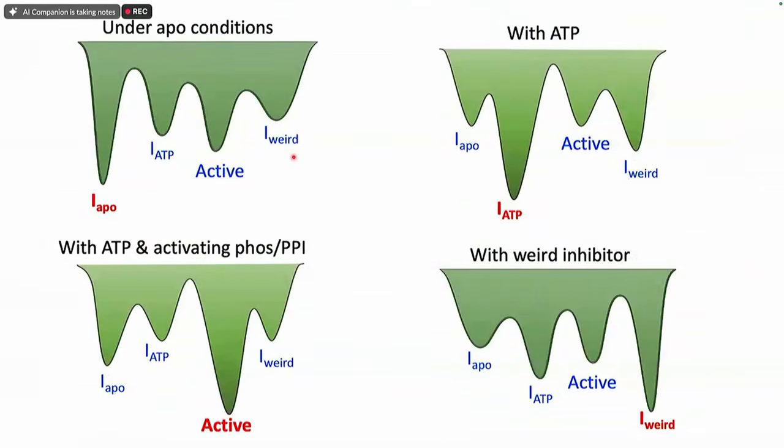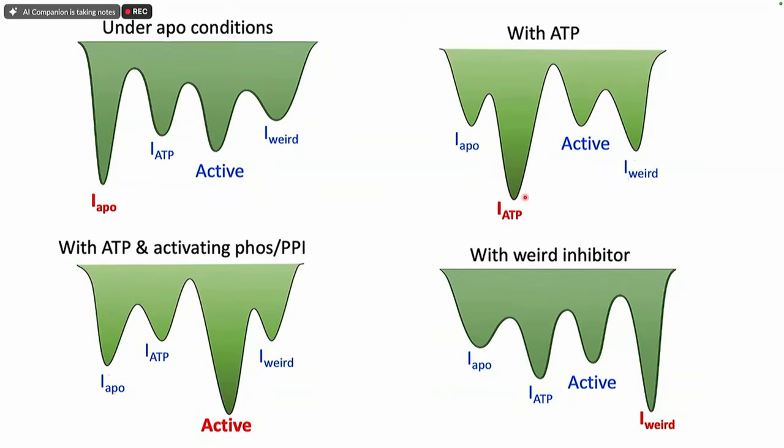We can think of kinases having a landscape of different conformations, one of which is active and the rest of which are inactive. So under APO conditions, no ATP, maybe there's a conformation of the protein that is inactive that we're going to call I-APO. If I add ATP, but the kinase is not yet active, I might get an inactive form of the kinase bound to ATP, and now that's the most stable version.